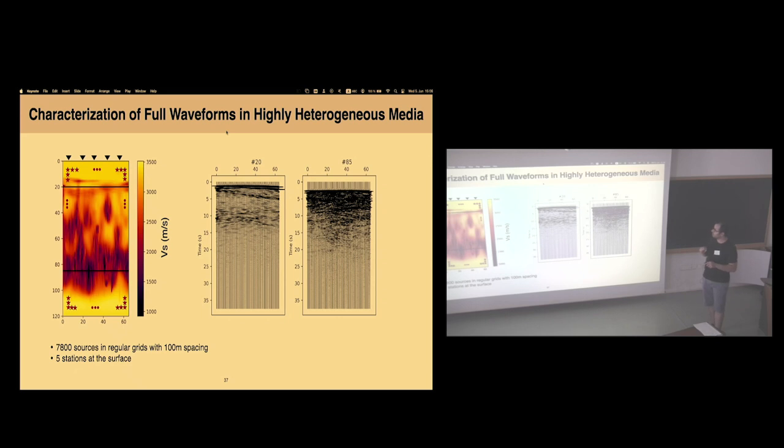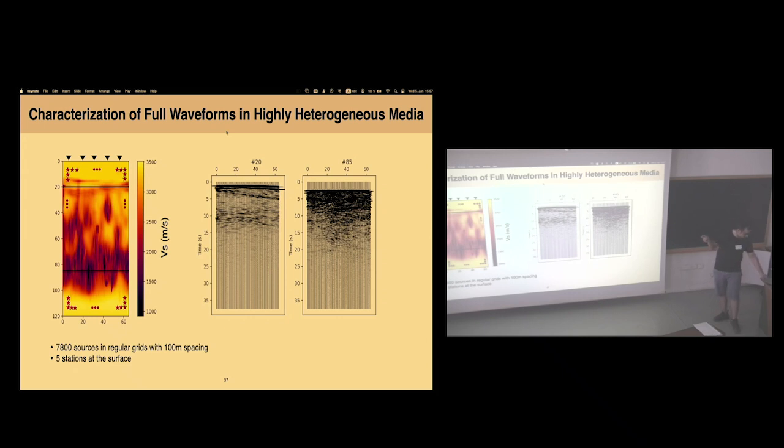And here it shows the result for the 2 sections that we have, one for 20 and the other for 85 in this region. It showed that for the low velocity zone, we have more coda wave in our data in this area.